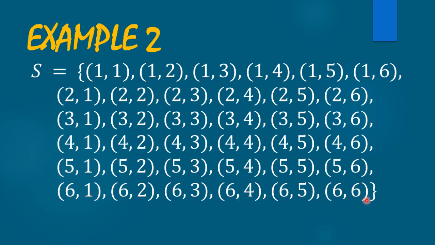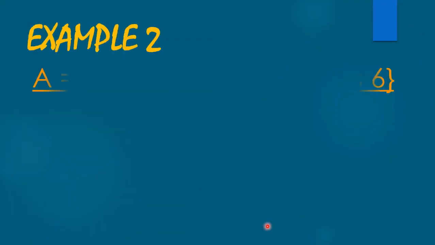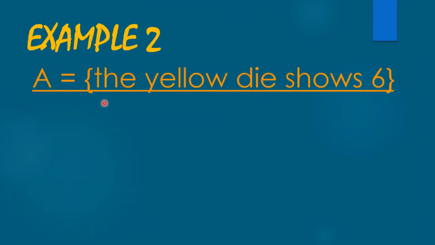So in this given sample space, the number of elements in the sample space is 36. Now, let us take the probability of having the event A, or that the yellow die shows 6.